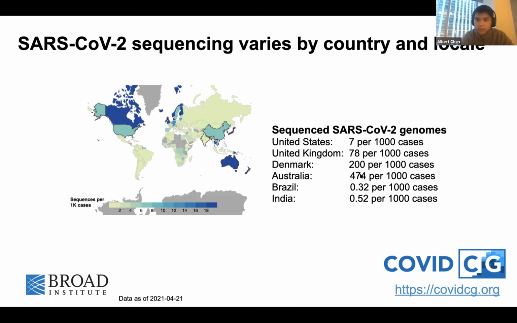And we have countries that are doing even more sequencing, where Australia is sequencing almost half of their positive COVID cases. This is really advantageous for them, being able to stay on top of what's happening genetically with COVID-19. And we also have some countries like those I highlighted in the beginning, Brazil and India, who are sequencing much less relative to the magnitude of their pandemics. And again, this makes it a bit harder to know what exactly is going on.